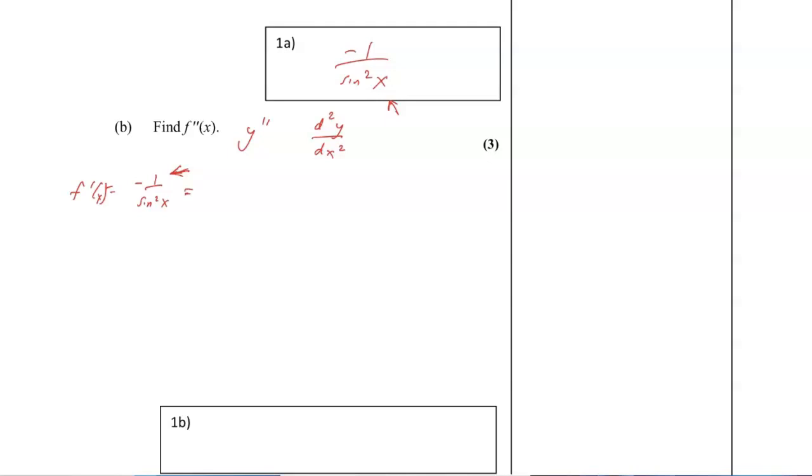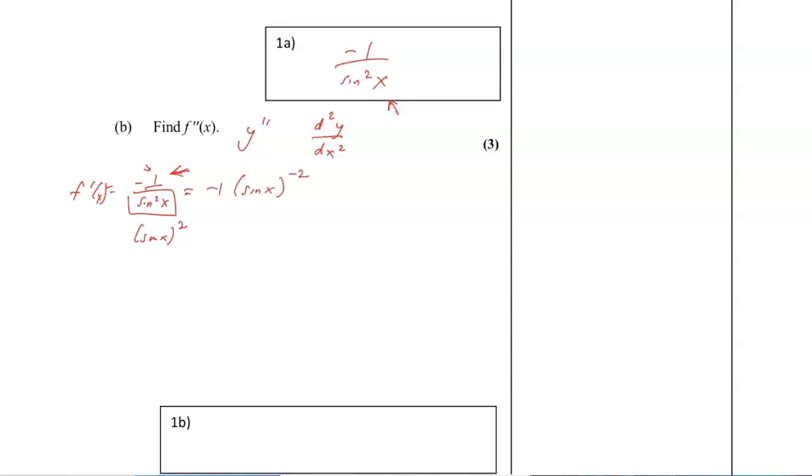So let's rewrite this. I'm going to rewrite this bottom part here, sine squared x, as a negative power. So I'm going to put -1, which is the coefficient on the top, and then I'm going to rewrite sine squared x, which remember is the same thing as sine x parentheses squared, as a negative exponent and put it in the numerator.